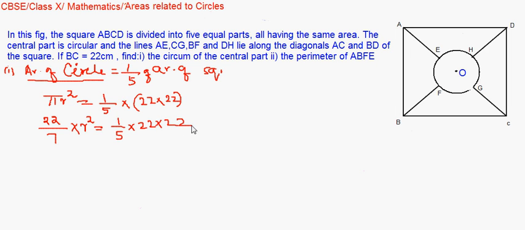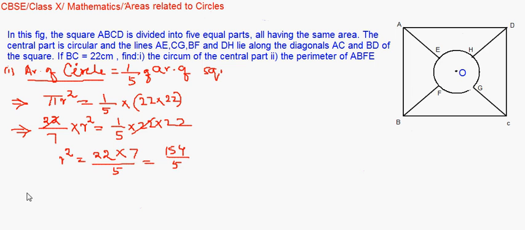Now why are we doing this? Because we need to know the radius to find the circumference, right? So I'm calculating the radius here using the information given. So this would get cancelled. So r square is actually 22 into 7 by 5, which I'm getting as 154 by 5.